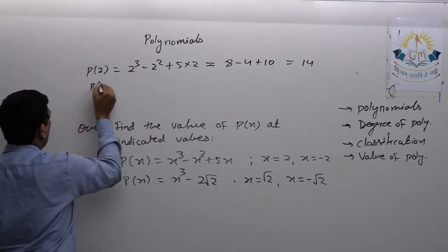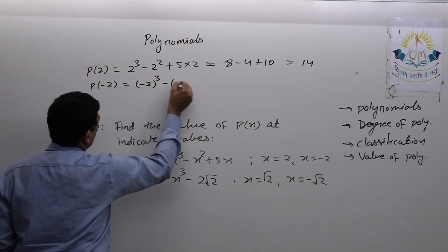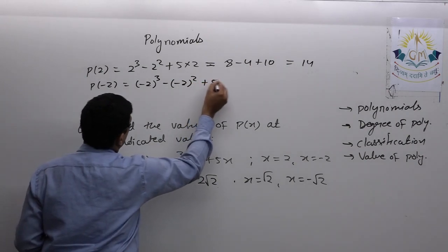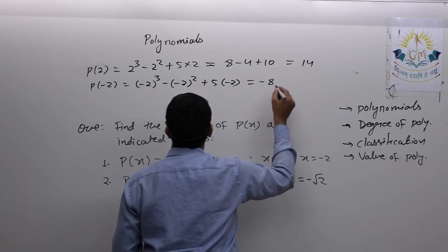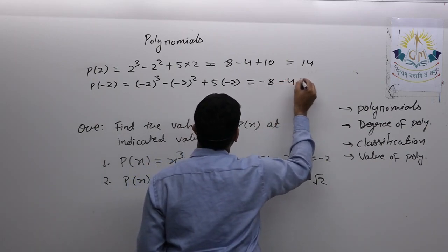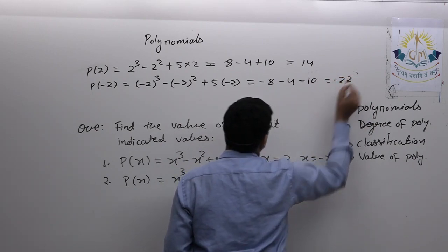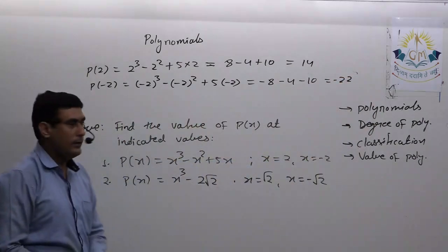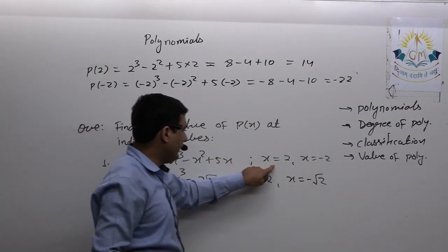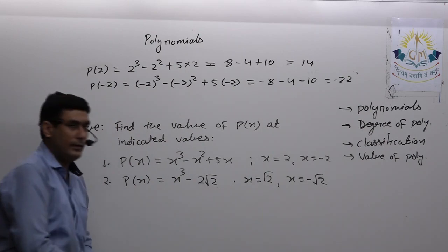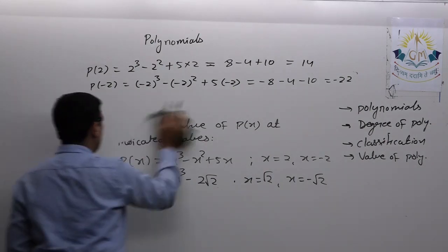Then p(minus 2) will become minus 2 cube minus minus 2 square plus 5 into minus 2. So here it will become minus 8 minus 4 minus 10, that is minus 22. Simply you have to replace the given value of the variable at the place of the variable.